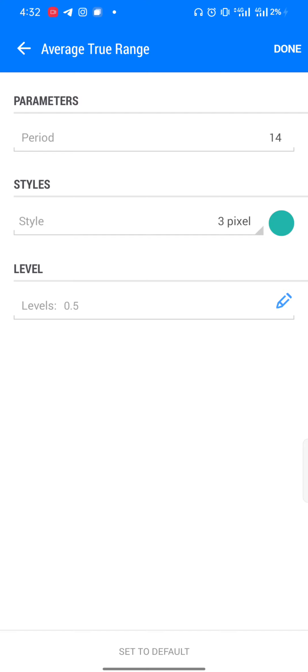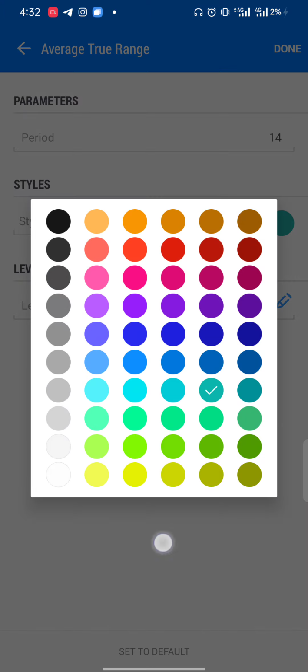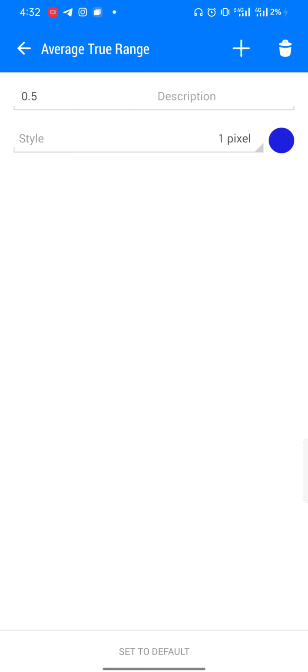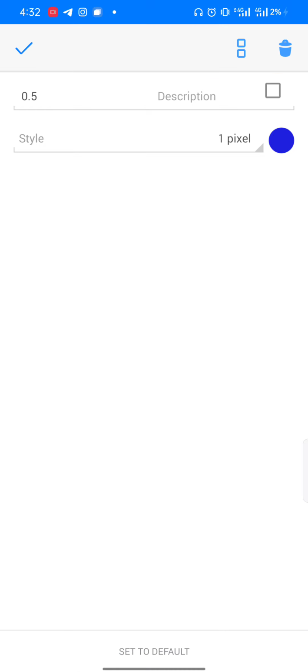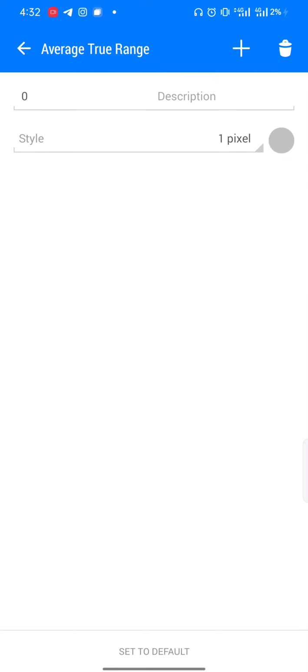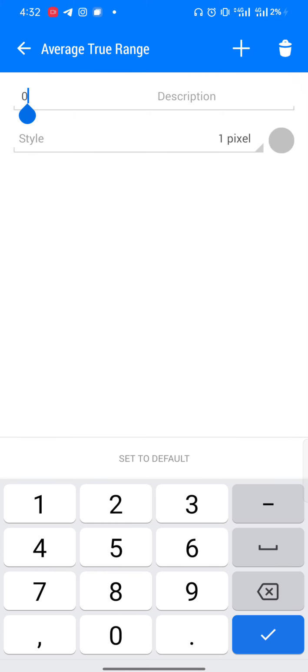Please follow my steps, guys. First indicator, the Average True Range, period 14. The style is 3 pixels, and you can take any color, mine is green. Then the levels: let me delete the levels on mine. The way I do it, I click on levels, click the add button, and set it to 0.5.